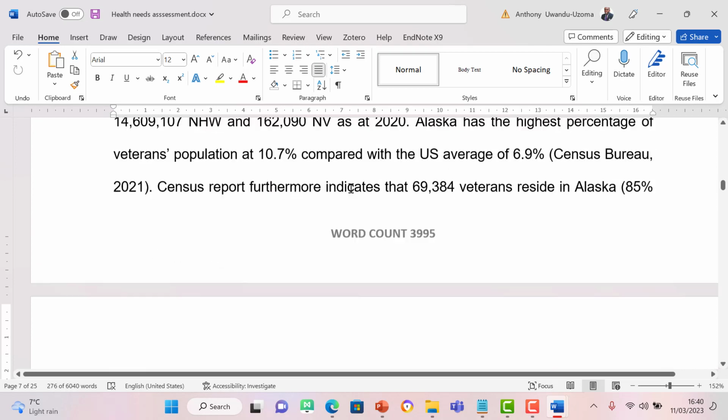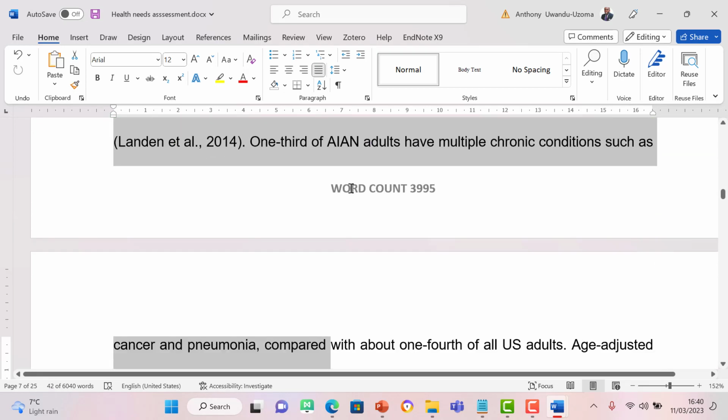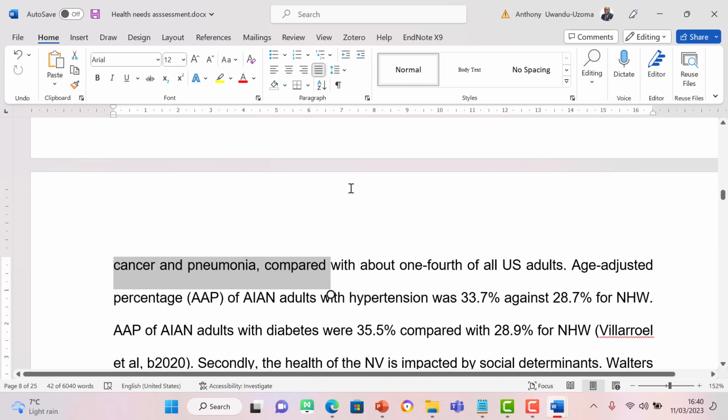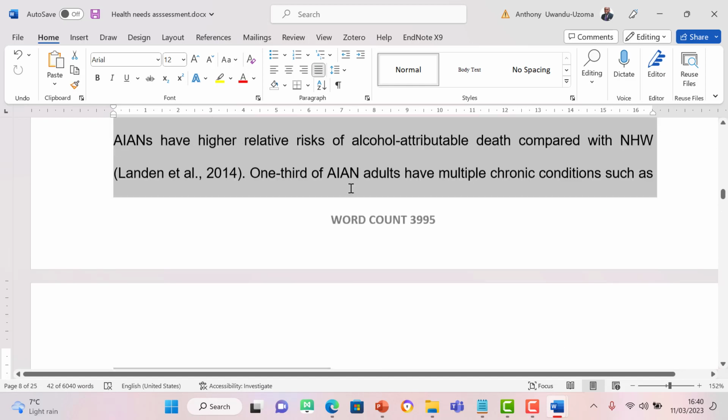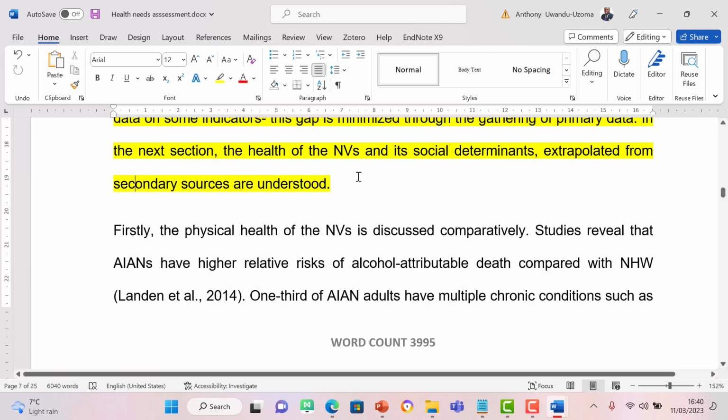Everything that has been said before is introduction and background. Now we go straight to the health status of the population, which is the next thing. So remember, you have described the community, then you need to describe their health status. That is the purpose of this section.